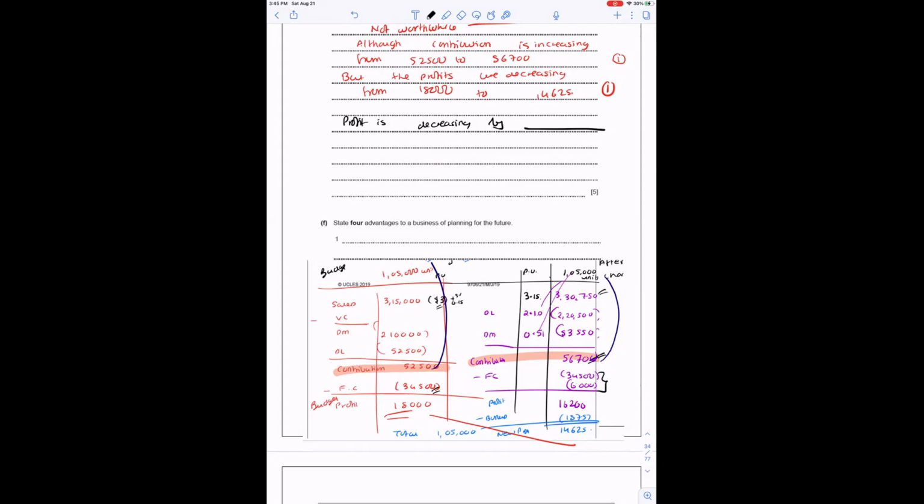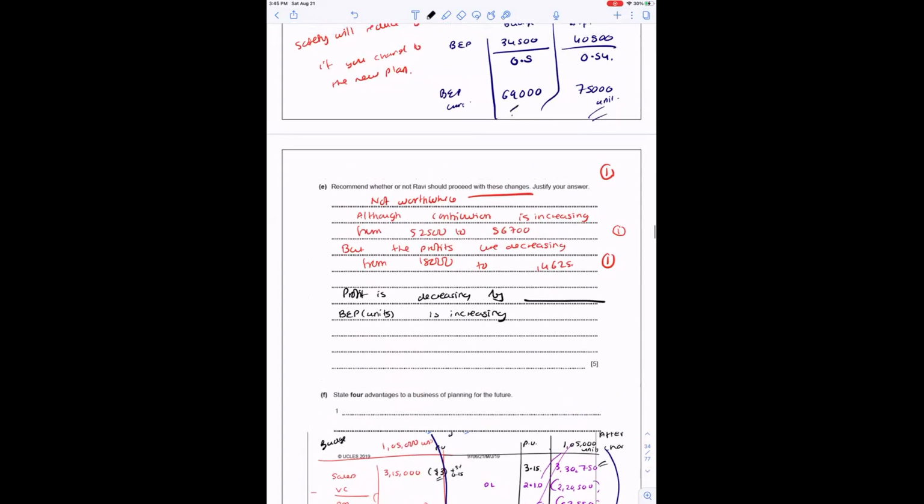Then you will also say that the break-even point in units is increasing. By how many units? Initially, you would break even at 69,000 units, so it is increasing by 6,000 units. That means you would have to sell more to break even.